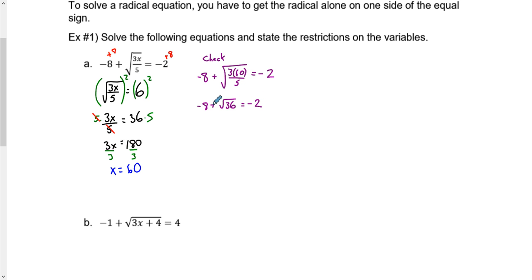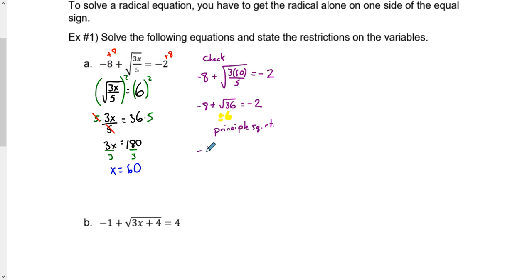Now this does technically go two ways, because the square root of 36 could technically be a positive or a negative 6. But when we are taking this square root, we concern ourselves with the principal square root, which really means we only worry about the positive square root.